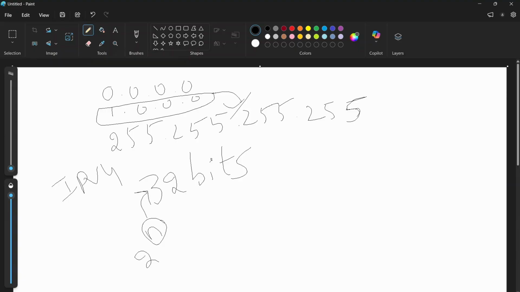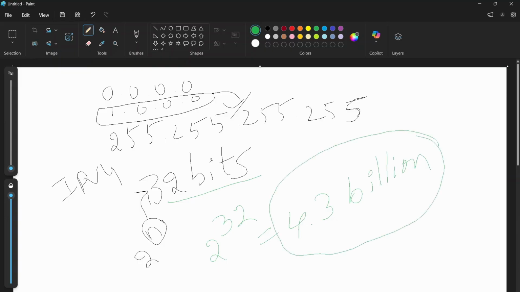So 2 power 32 means 4.3 billion IP addresses. This is something you need to remember when you are attending an interview. Very, very important question: how many IP addresses are available in IPv4? Total 4.3 billion IP addresses.